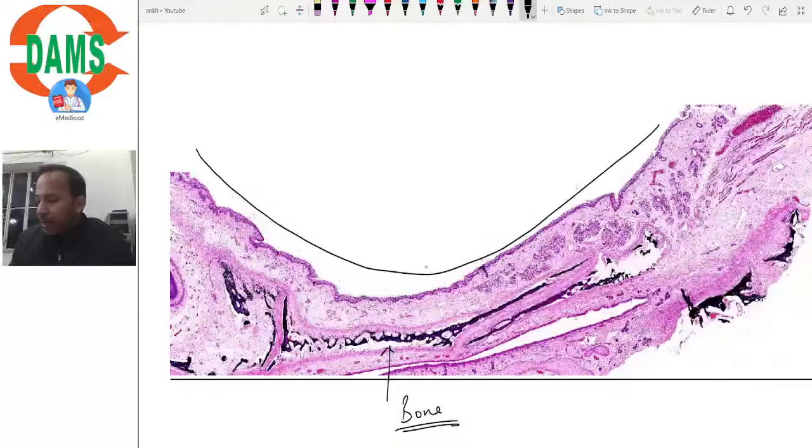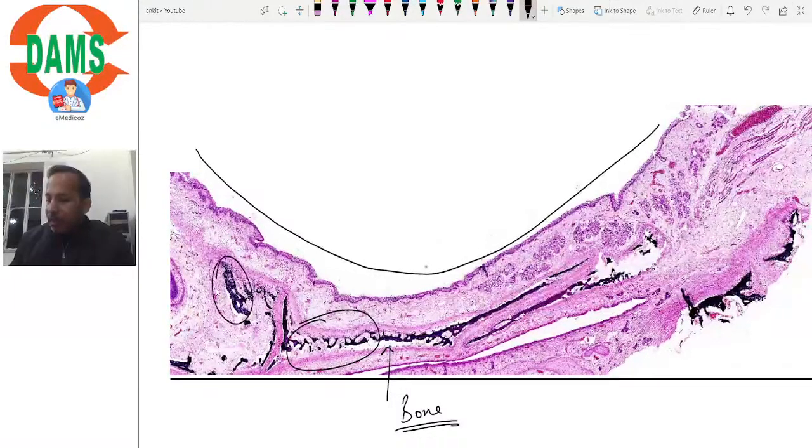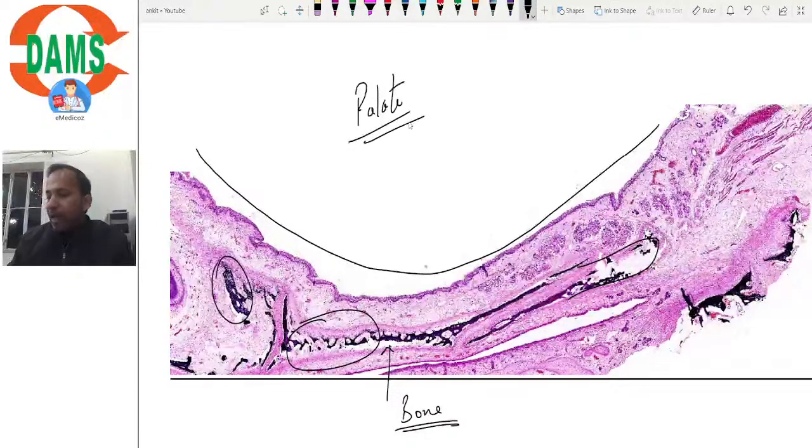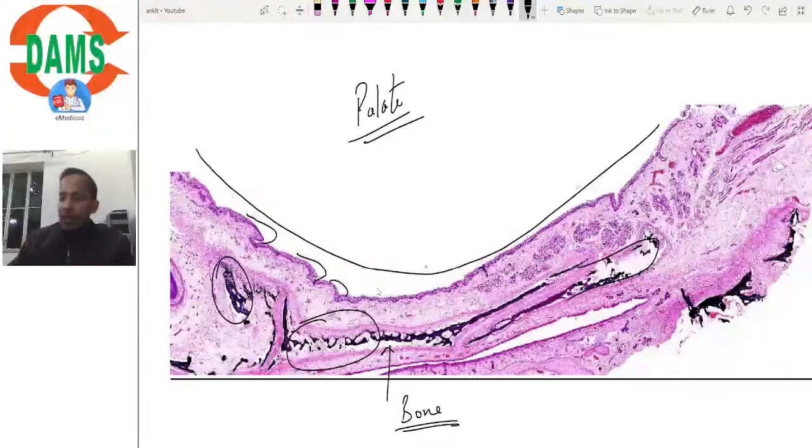You can see this cancellous structure here. Again, there is bone here, and the bone abruptly stops here. Beyond that is the soft tissue part. So can we identify this as palate? It shows the proper curvature of the palate. You can see the rugae. This is the rugae area, the anterior rugae area.